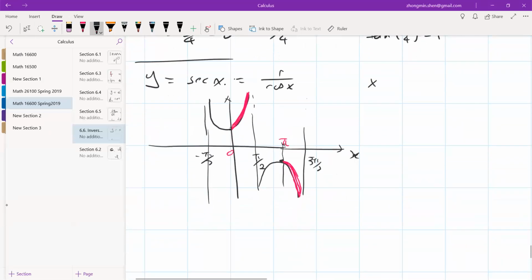So for secant x, x is between 0 and pi over 2, an open interval, and x is greater than pi and less than 3 pi over 2.